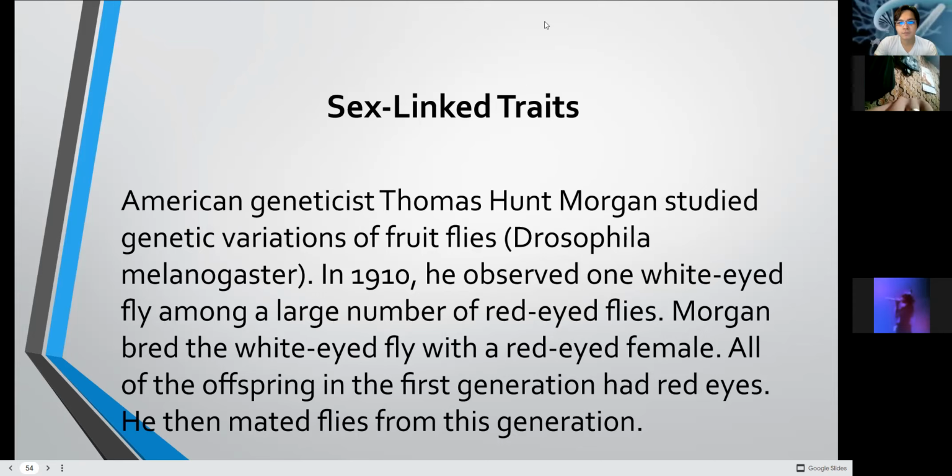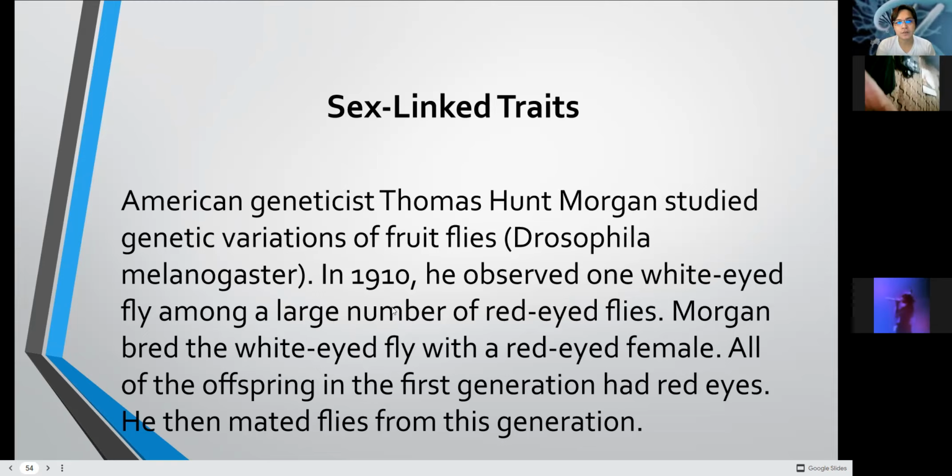American geneticist Thomas Hunt Morgan studied the genetic variation of fruit flies. Fruit flies are Drosophila melanogaster. Drosophila melanogaster is common at home if you have bananas. These are small flies that live on rotten fruits like bananas.